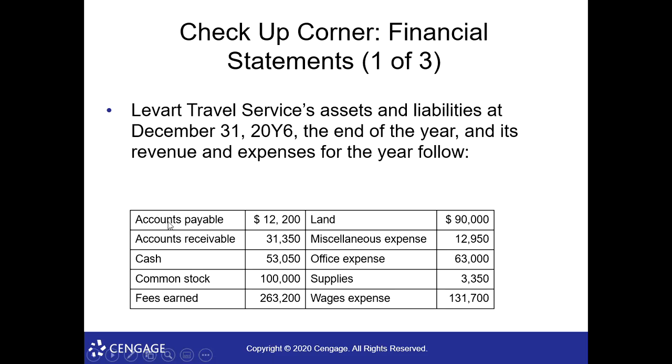So accounts payable is a liability, accounts receivable is an asset, cash is an asset, common stock is equity, fees earned is revenue, which falls under the umbrella of equity, land is an asset, miscellaneous expense is an expense, falls under the umbrella of equity, office expense is an expense, it's an equity, supplies is an asset, and wages expense is an expense, so it's equity.